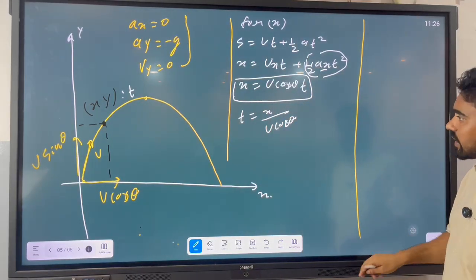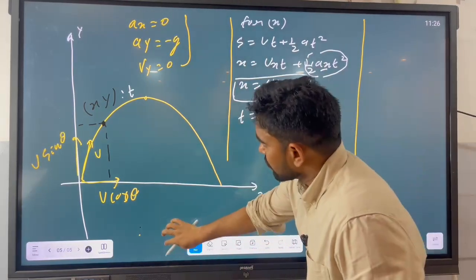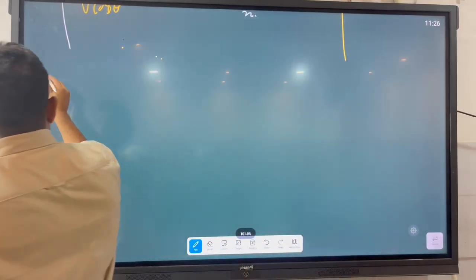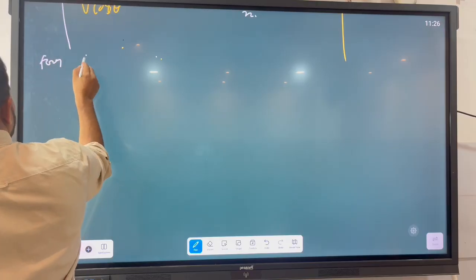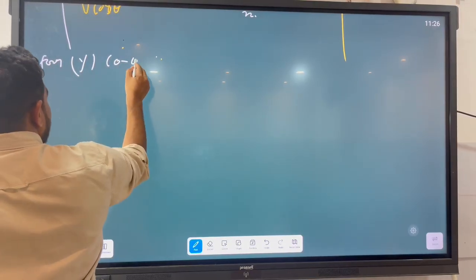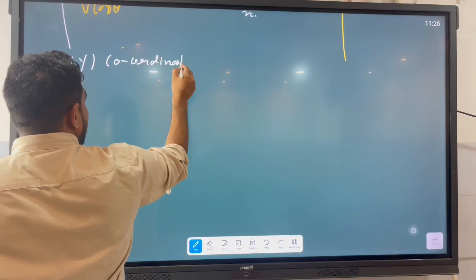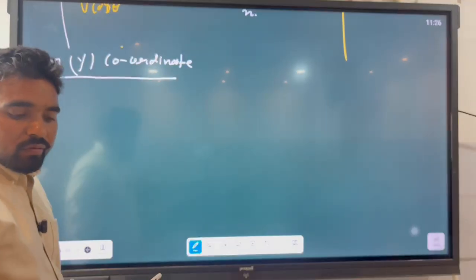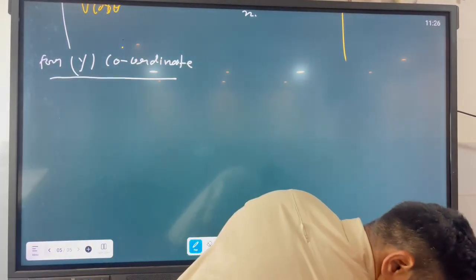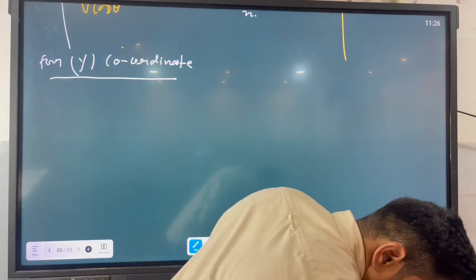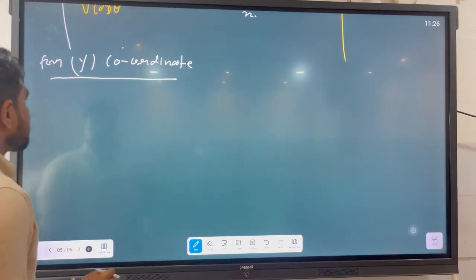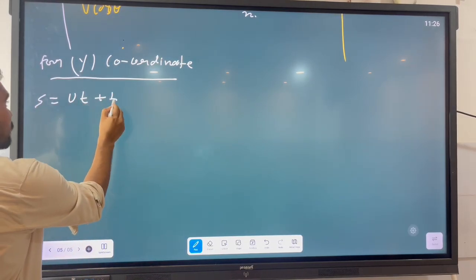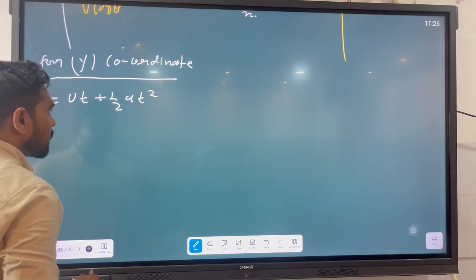And for the y coordinate, using the second equation of motion, s equals ut plus 1 by 2 at square.